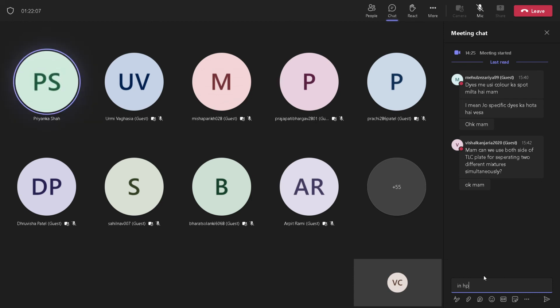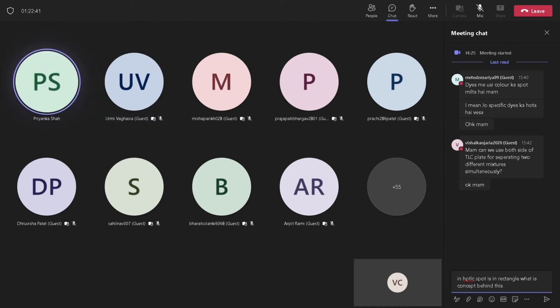मैम, हमको कैसे पता चलेगा कि हमें कौन सा स्टैंडर्ड लेना है?